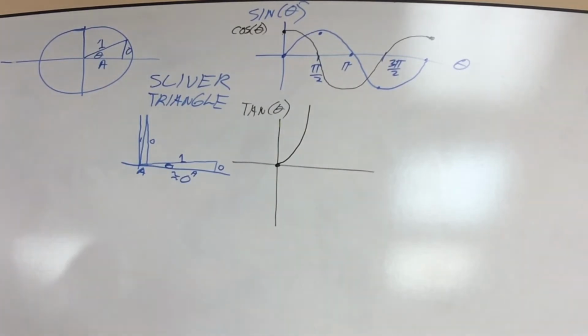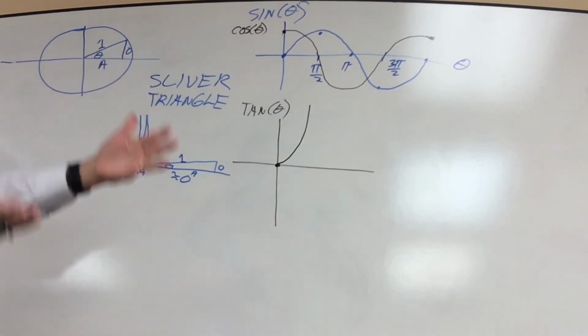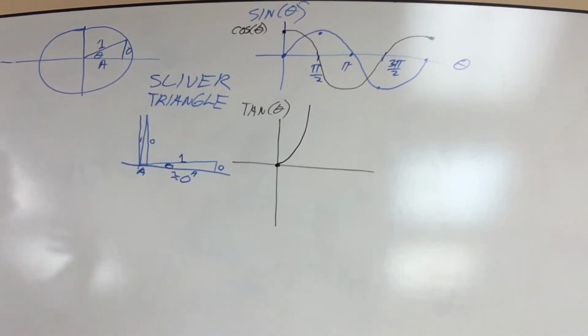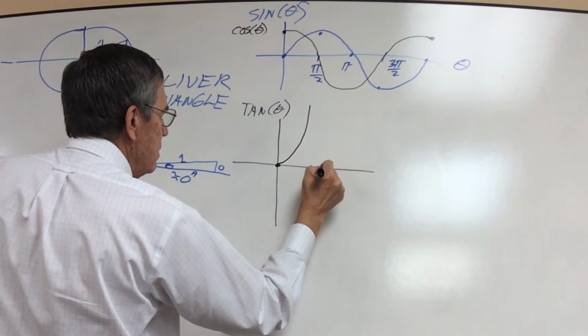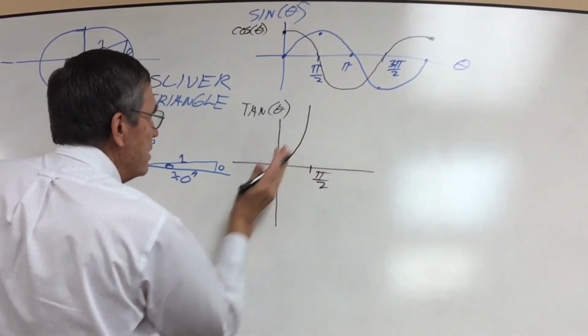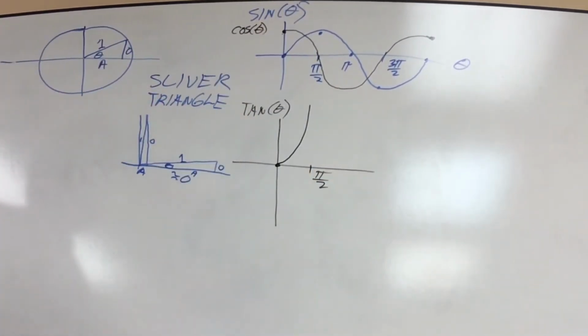Now we all know that if you divide anything by 0, you're going to get a very, very large number. It's often called undefined or infinity. So what that means is, at pi over 2, this shoots off to infinity. Okay, it gets as large as any number could be.